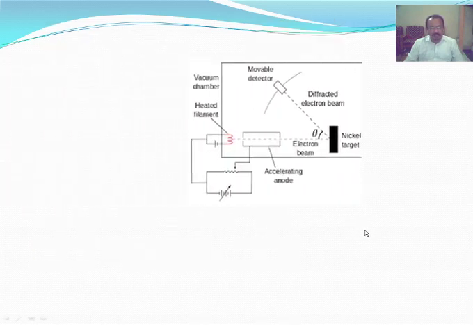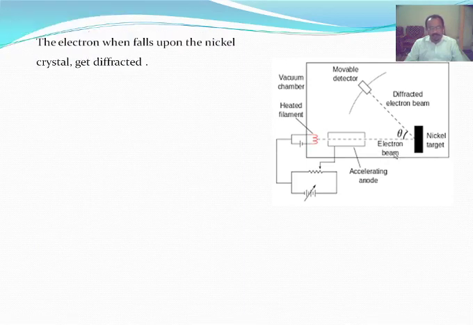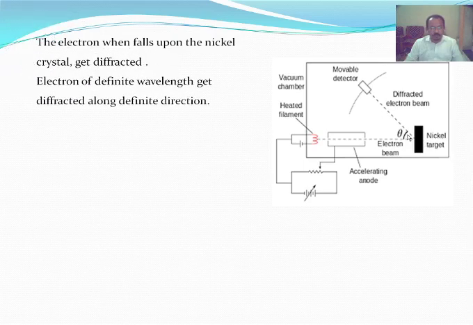Then the next part of this experiment, that accelerated electron is allowed to strike the nickel crystal, and when it strikes the nickel crystal, it gets diffracted. Now electrons of definite wavelength get diffracted along definite direction.